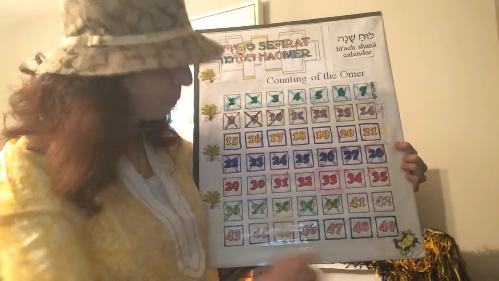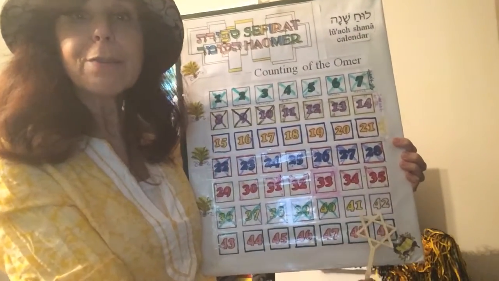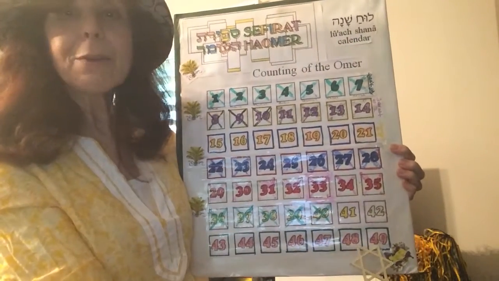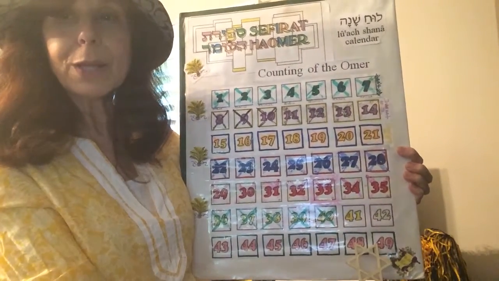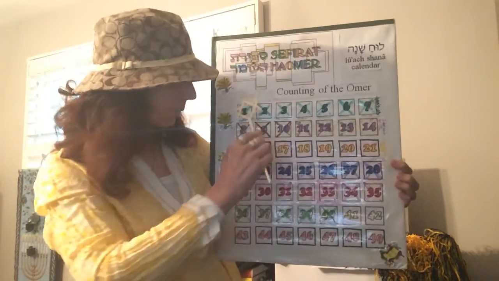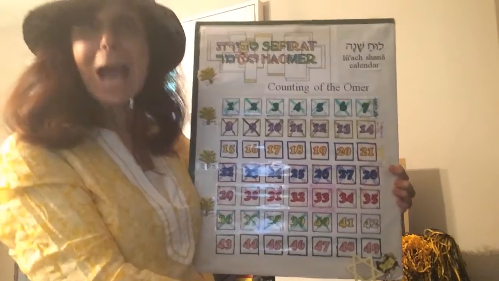Next week, or this week when we're all completed, we'll add 7 more to 35 and we'll get 42. This very last week, we're going to add 7 more to 42 and we'll end up with 49. Because 7 days and 7 weeks equals 49.